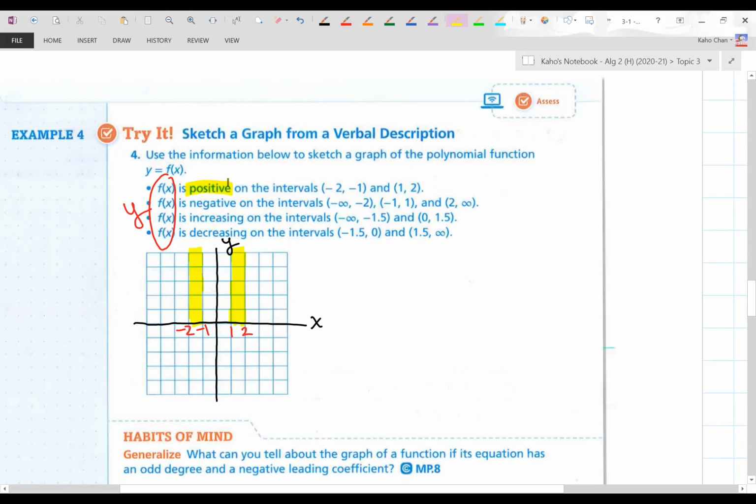It's negative on the intervals of -infinity to -2, -1 to 1, and 2 to infinity. Now remember, infinity and negative infinity are referring to what's happening to the left and what's happening to the right. So from negative infinity to -2, it's going to be negative, so it's going to be below.